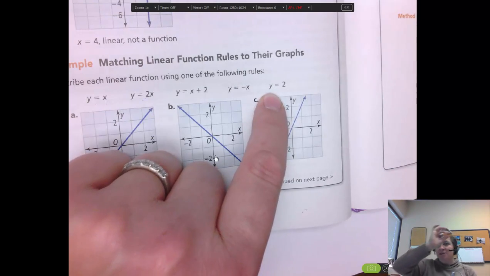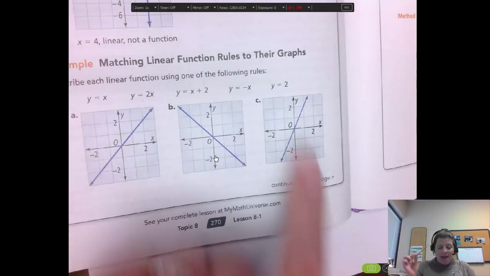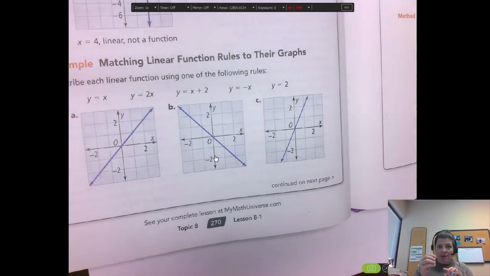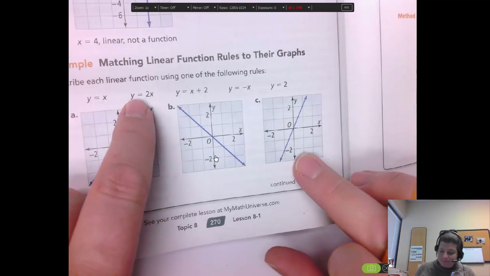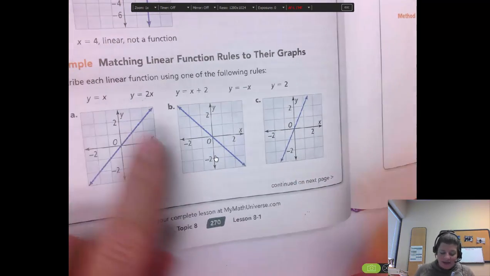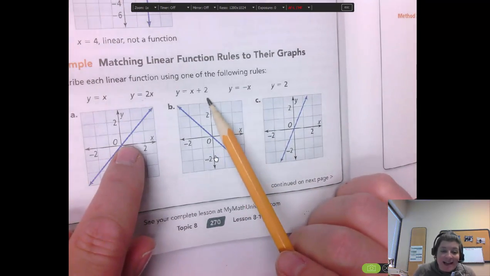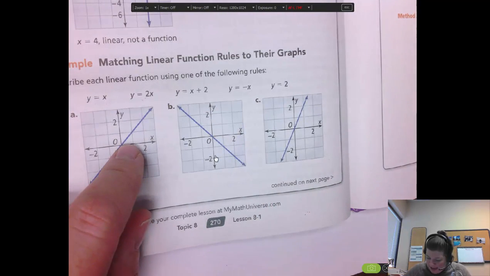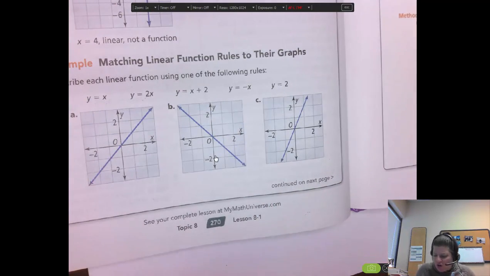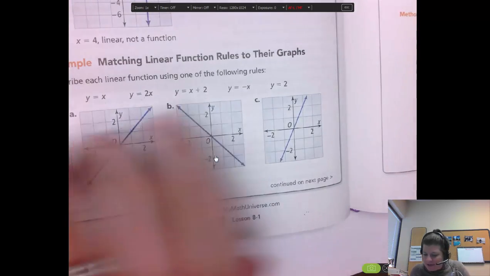All of your y's are 2, so you're going through that y. X equals is vertical, and you find that x spot and you make a line because you're going through all those points. So these two match here. Okay, hint, it can't go through 0, 0 if it has a plus. Okay, so we make a chart, whatever you want to do to make that work.